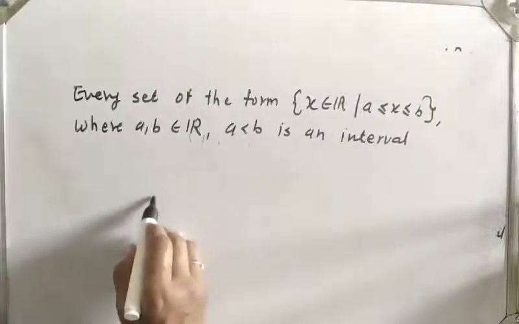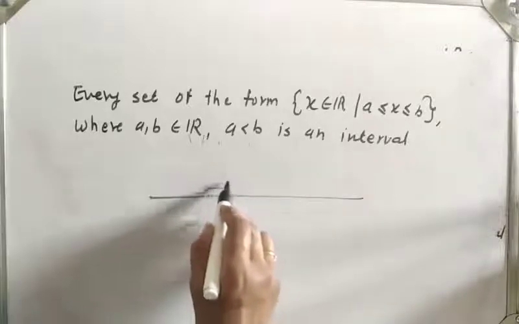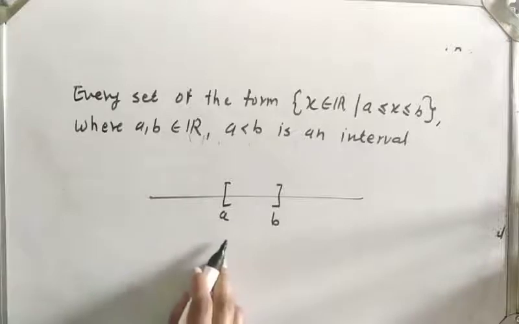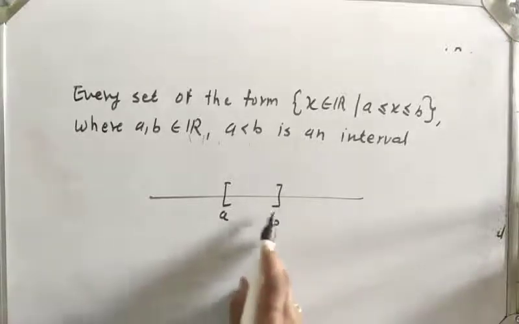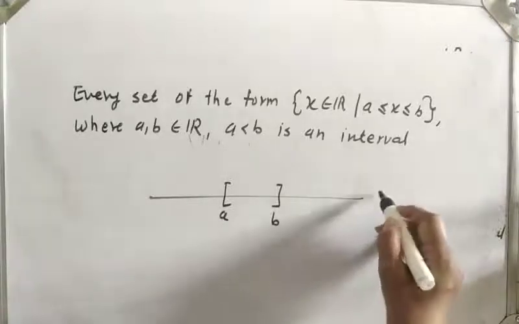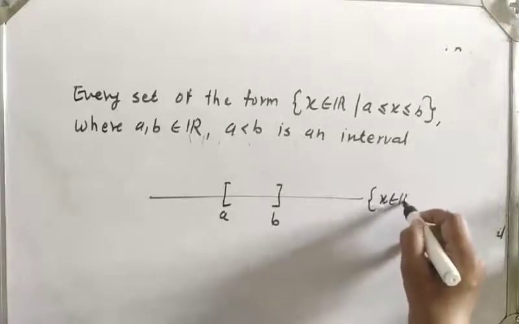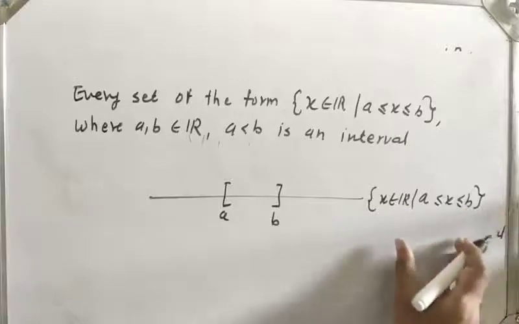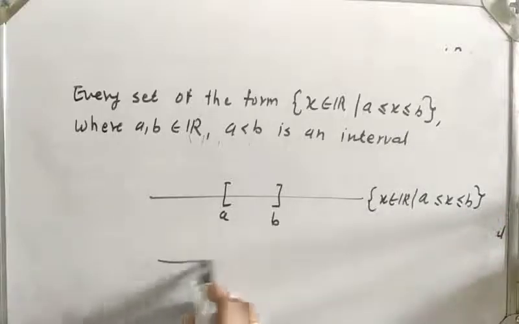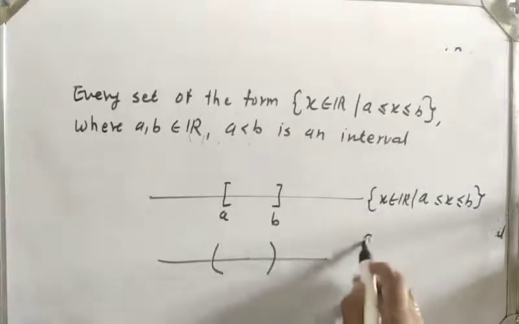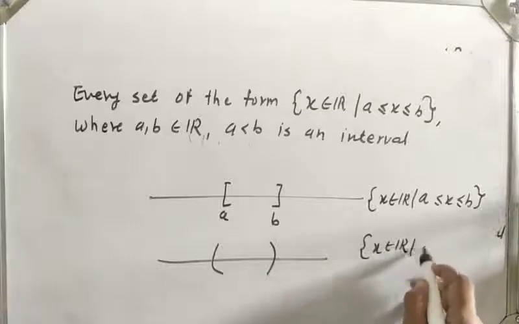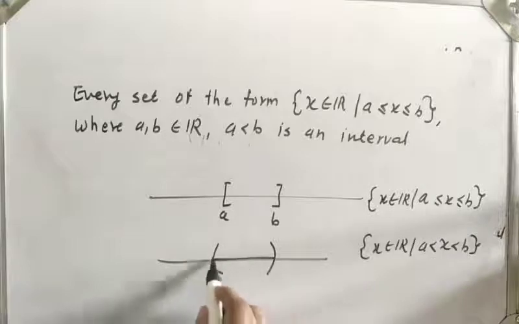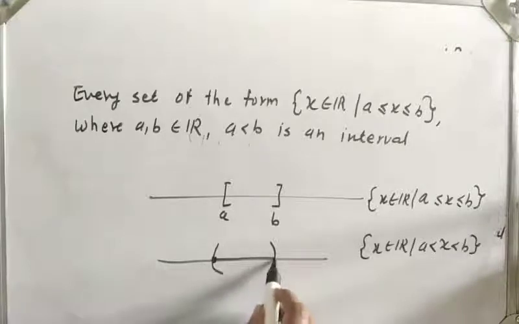Consider this. Suppose it is A, B. It is a closed interval. Here A and B are included in the set. Here we can write this set as x belongs to R such that A less equal x less equal B. Means A and B are included. It is an open interval, x belongs to R such that A strictly less than x strictly less than B. Only these elements A and B are not included here.